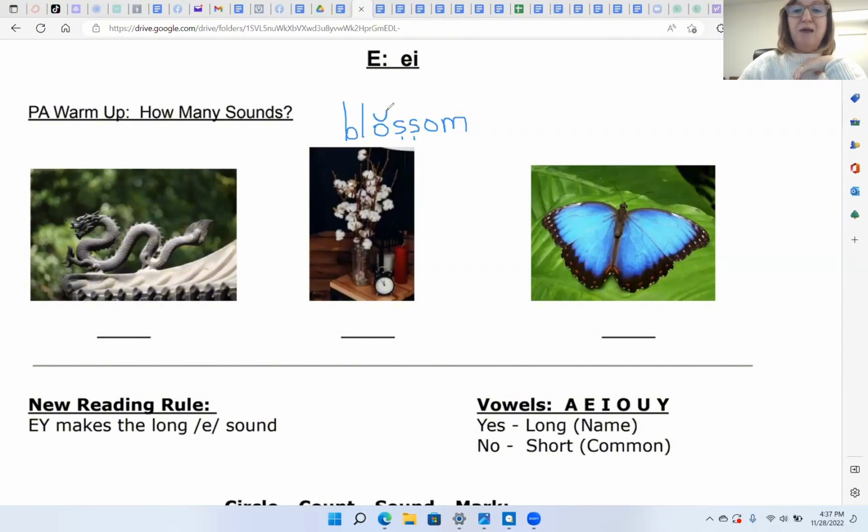For those who are new, that will come a lot easier to you. And then O, when it follows the same rule as that A did when it changed to schwa, when it's almost to the end and there's a consonant after it, will change to the schwa sound. And these S's, of course, make one sound. So there's 6 sounds. 1, 2, 3, 4, 5, 6.